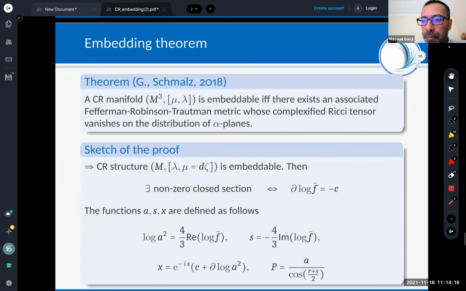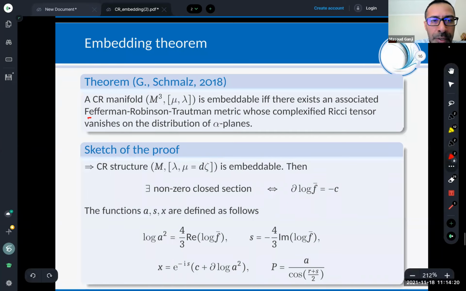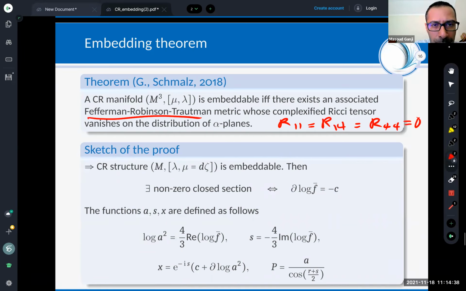So if we have such a metric, which has R11, R12, and R44, sorry, R14, not R12, equal to 0, then the underlying CR manifold is embeddable.